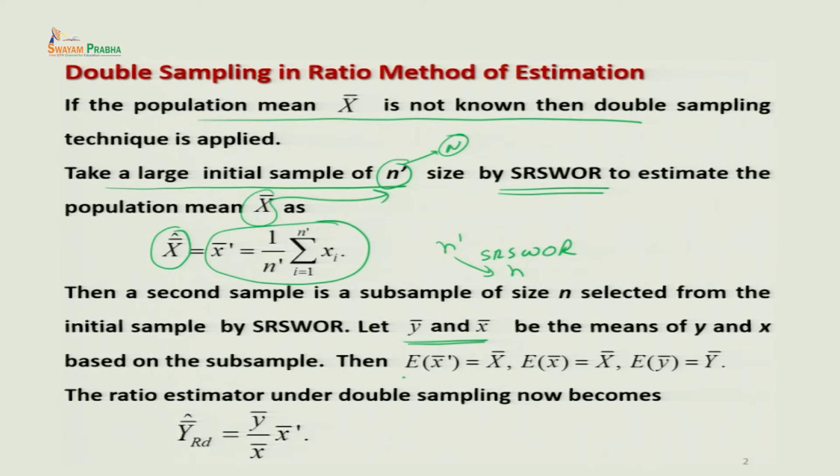Then obviously the sample means x bar prime, x bar and y bar are unbiased estimators of their respective population means, and we proposed the ratio estimator under double sampling, y bar hat RD, which is y bar upon x bar, and where earlier it was capital X bar, now it is replaced by its estimator x bar prime.